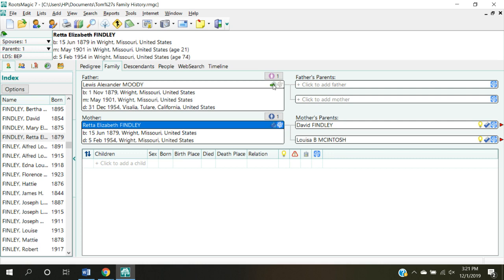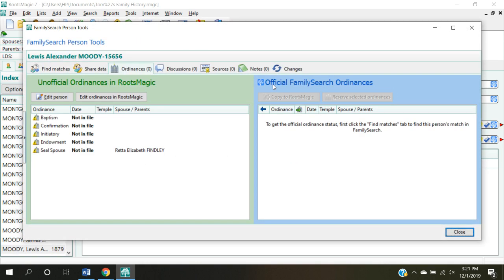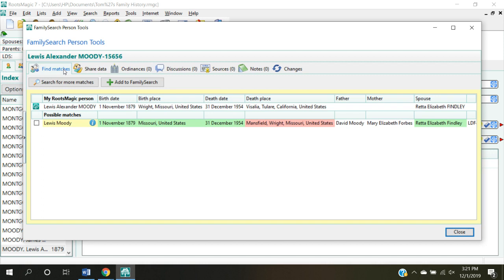I'm going to click on this green arrow over the temple, go to Find Matches, and I see that in Family Search there's already information entered by somebody else that gives me pretty much the correct information that I found. This gives a different place of death, but that's okay.